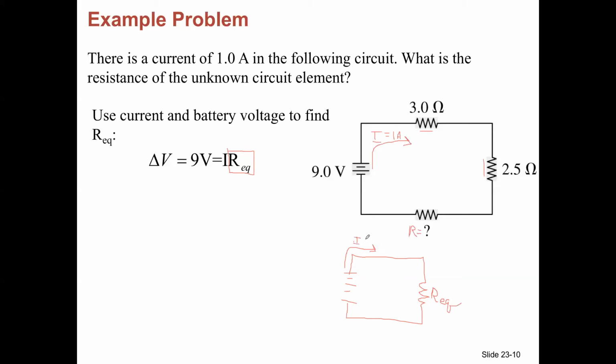The whole point of that equivalent resistance is that it doesn't change anything in the circuit. So we still get 1 amp of current coming through for a 9-volt battery.